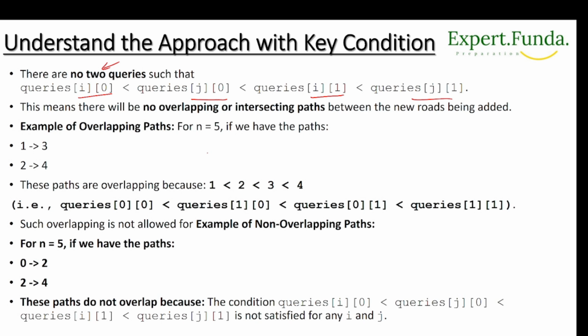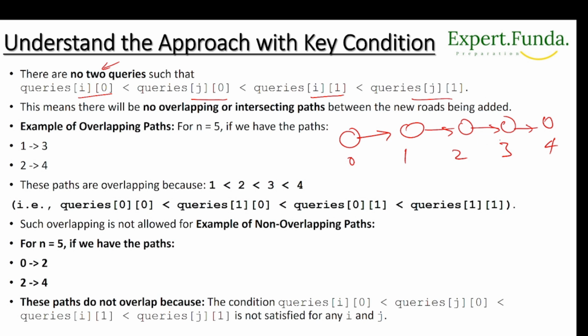This means there will be no overlapping or intersecting paths. If I talk about the nodes, let's suppose we have nodes 0 1 2 3, and a 4, like this.